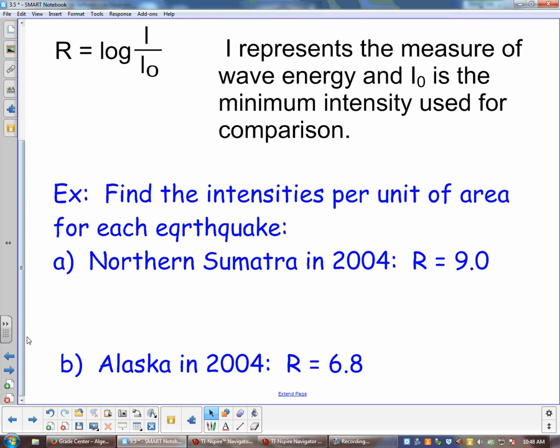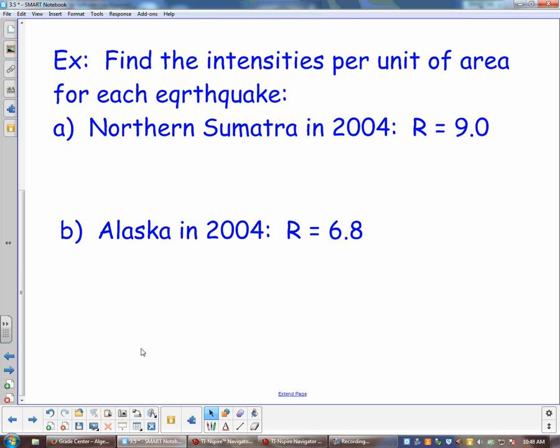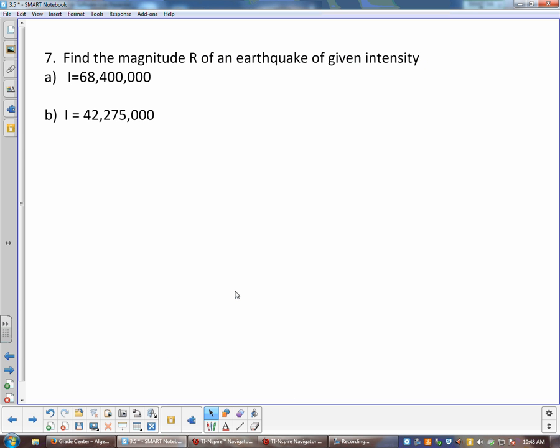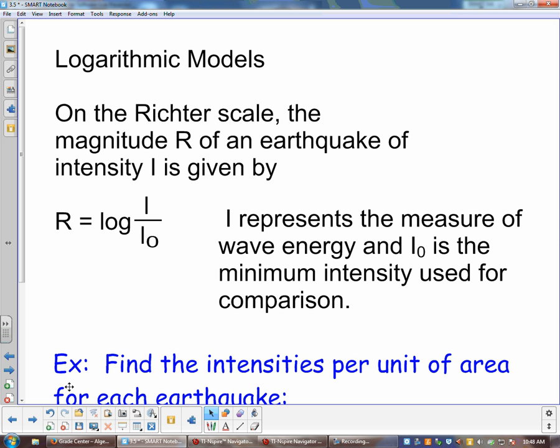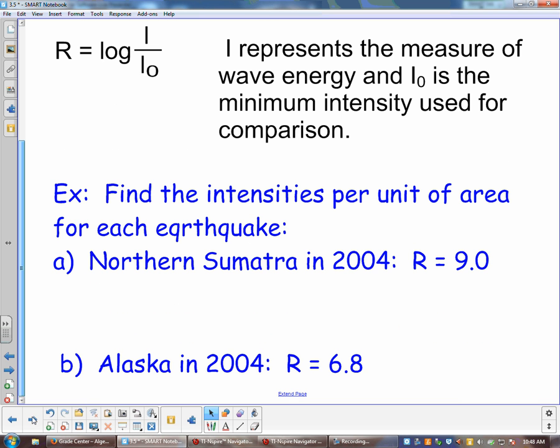So if we want to find the magnitude R of an earthquake of given intensity, we're going to use that model. R equals log of I over I sub 0.